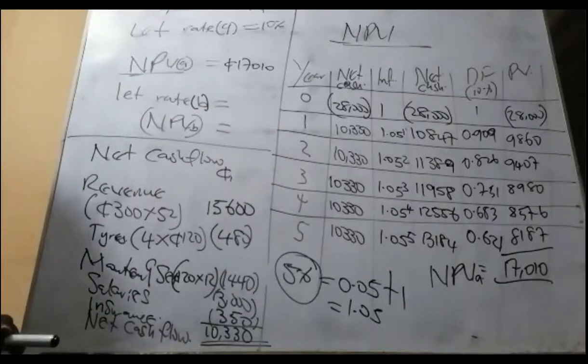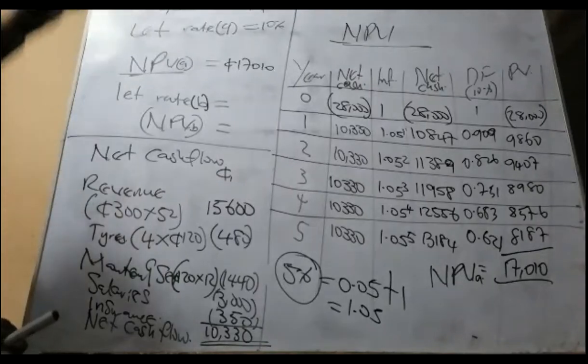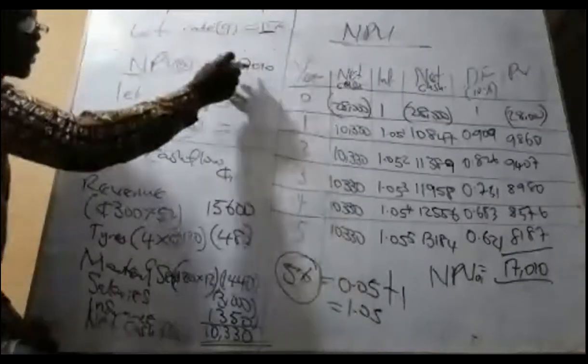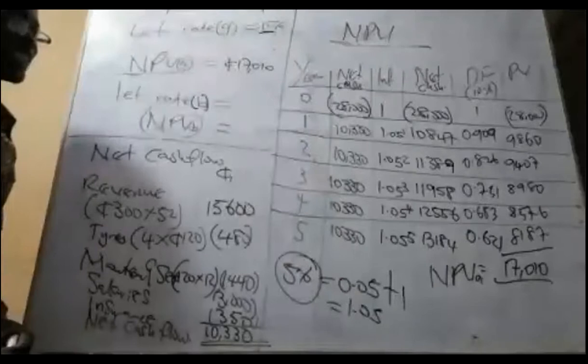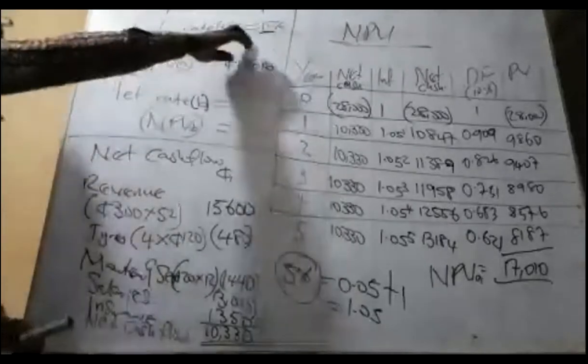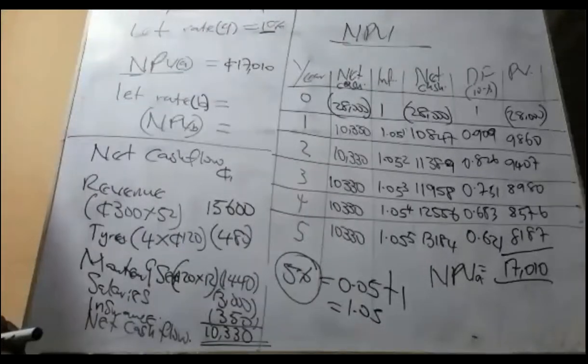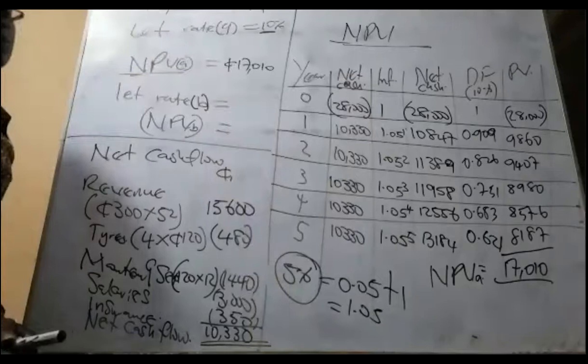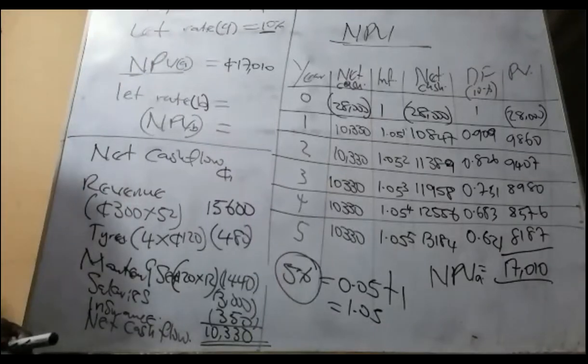Because the lower the discount factor, the higher the NPV, and the reverse is true, because cost of capital reduces the NPV. So this 10% and the NPV is positive, even big, 17,000. It means that this cost of capital is too low. So let's select higher. A higher one will render this NPV to be what? 0. So let's select higher.